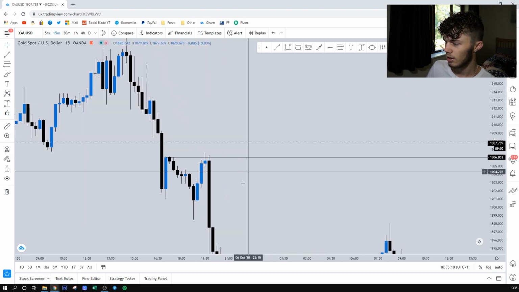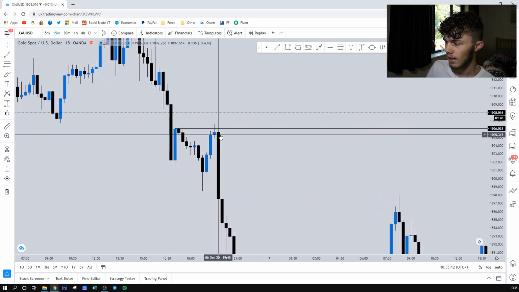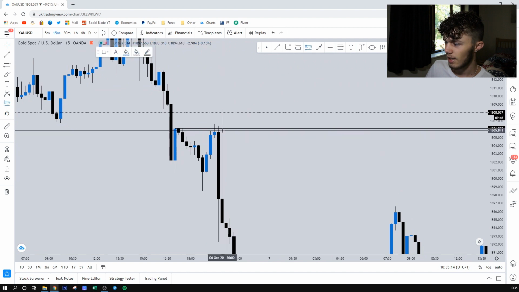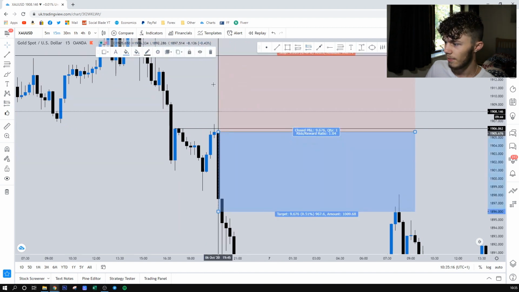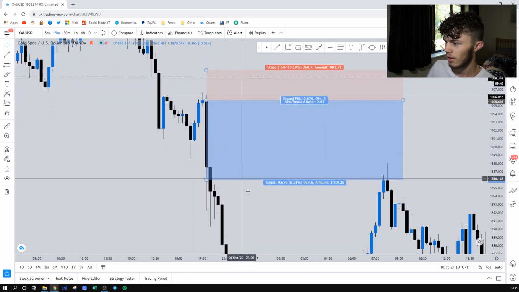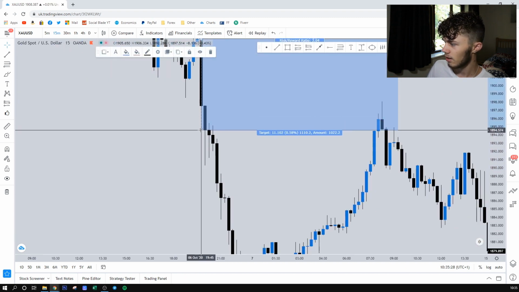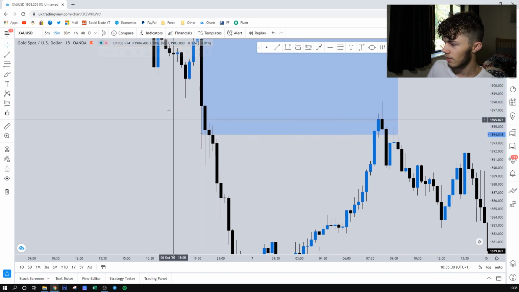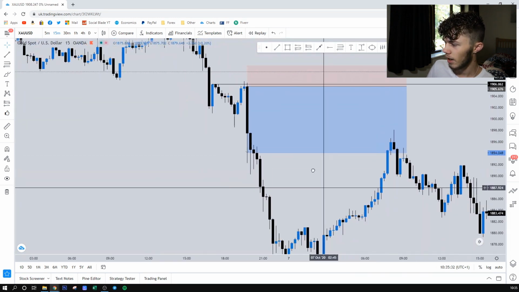Once I saw this candle reject it here, I entered the trade exactly here. I had a very small stop loss above here, about 36 pips or so, and we had our take profit at around this level here. Obviously we could have held it a lot longer.